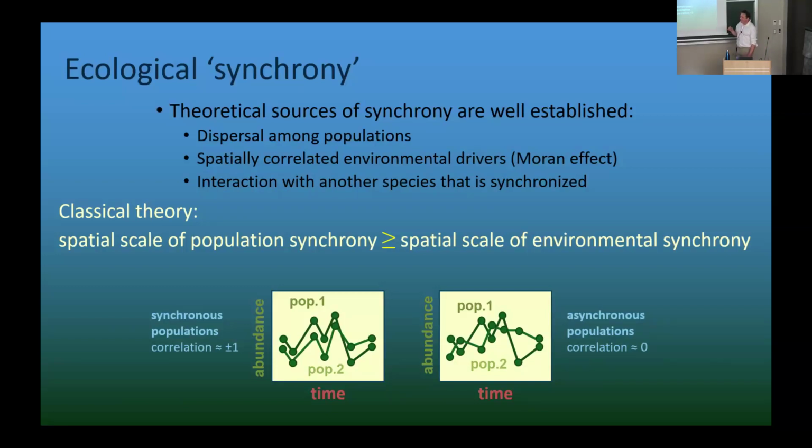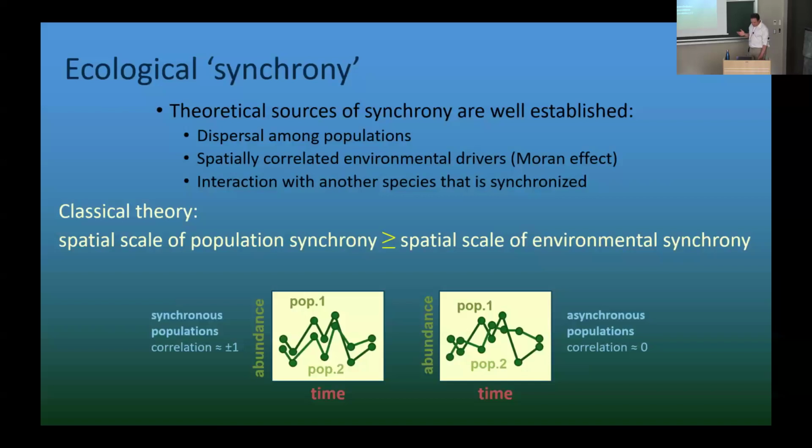Either of those works. Classical theory, theory from the 1990s by Lande and Engen, shows that the spatial scale of population synchrony should be at least as great as the spatial scale of environmental synchrony. The reason for that is that the coupling by dispersal smooths out the kernel for spatial environmental synchrony.